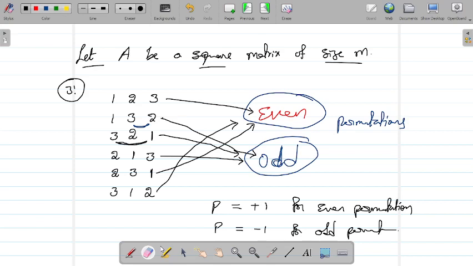Or let me simply say that I1, I2 and so on up to IM denote a permutation of 1, 2, 3 and so on up to m.